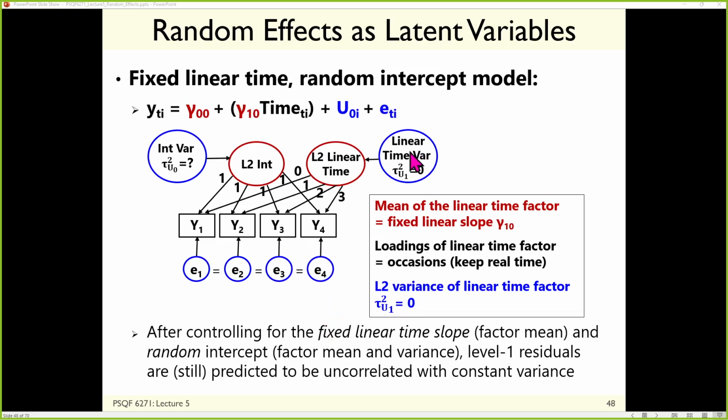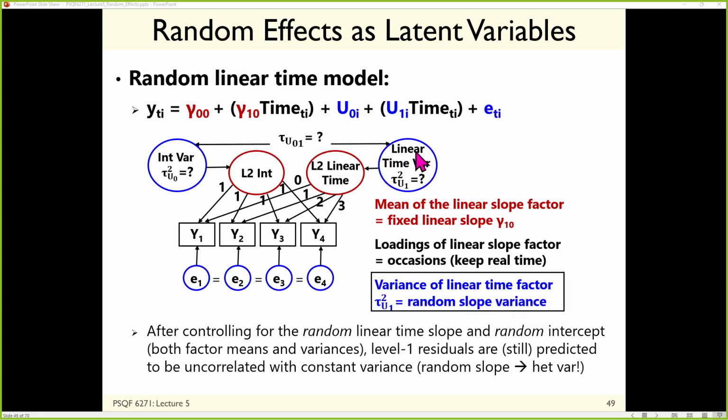And once I add a variance over here, that brings us to the model we left off with, random linear time slope, where I add a variance here, which means that I would add a covariance between my intercept and my slope. And the e's down here still are assumed to have constant variance. They're assumed to be uncorrelated, but I could add error correlations between them. And if I put constraints on those error covariances, I could turn that into a Toeplitz structure or an autoregressive structure or whatever I wanted.